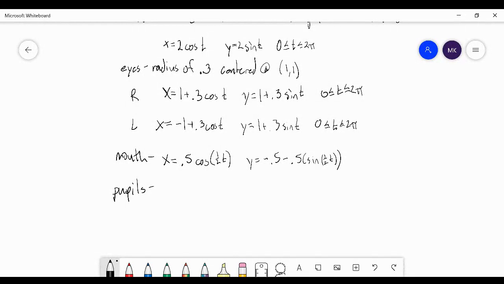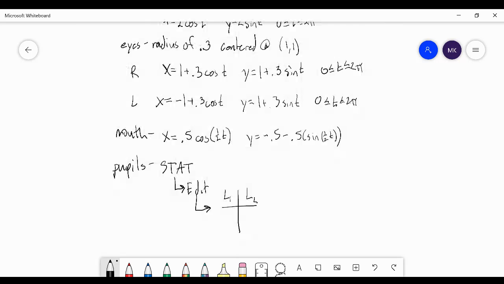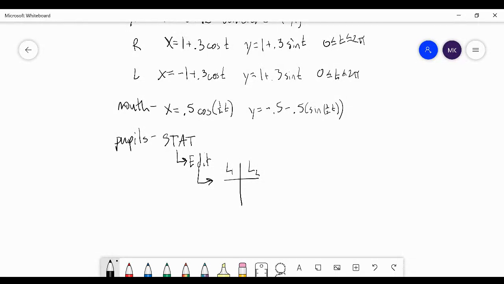So you're going to go to stat, edit, and we want our eyeballs to be at 1, 1 and negative 1, 1. So we do that.